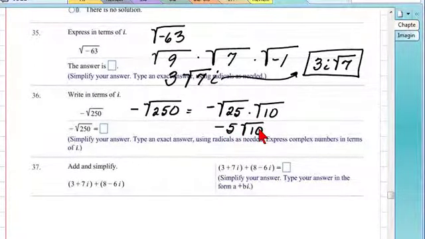Now the instructions say, simplify your answer, type as an exact answer using radicals as needed. Express complex numbers in terms of i. Now, I can't, unfortunately, unless I already had, well, I could go into MyMathLab and look at this.